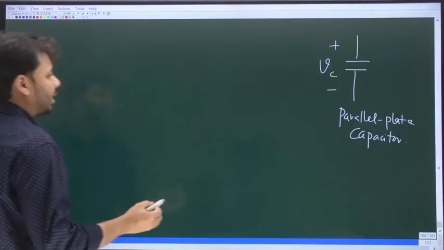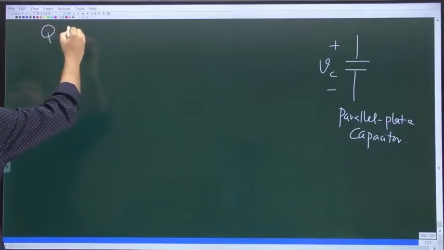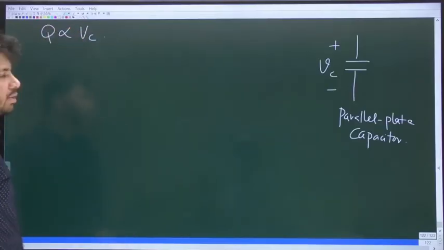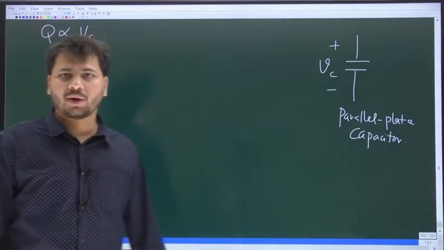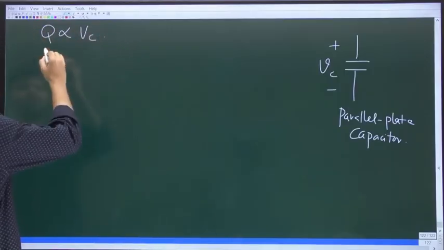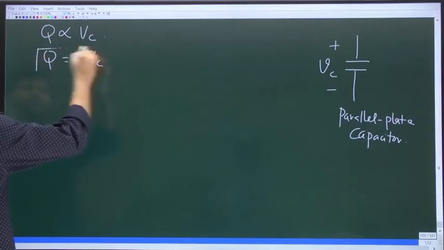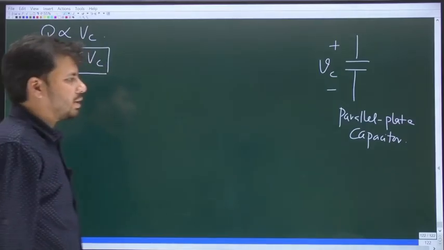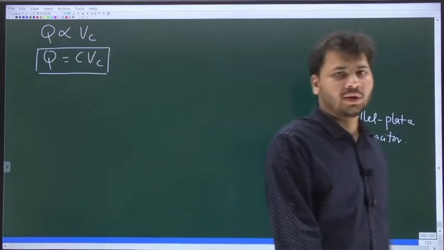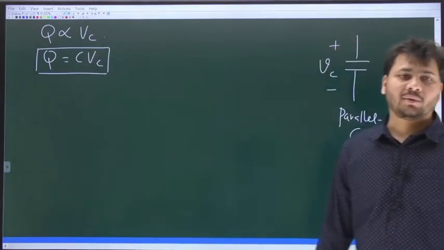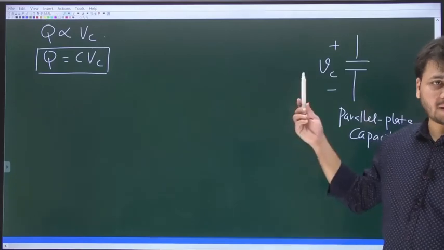Then because it's a parallel plate capacitor, Q is proportional to Vc. Now to get rid of this proportionality, you should introduce some constant of proportionality, and that constant of proportionality is what is called the value of capacitance of the capacitor.